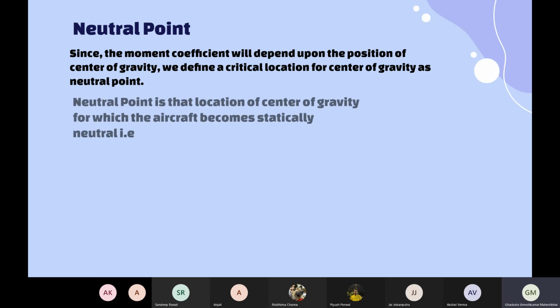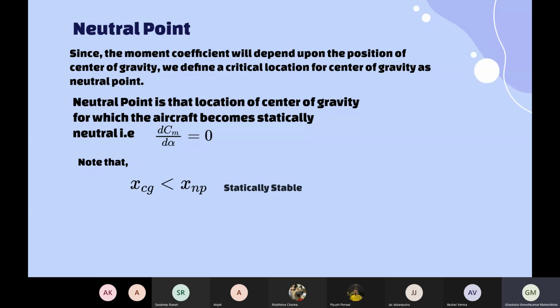The neutral point is that location of the center of gravity for which the aircraft becomes neutrally stable, statically neutral, which means dCM by d alpha is 0. The point to remember is that if the position of the center of gravity is ahead of the neutral point, then it is statically stable, and if it is behind, then it is unstable.